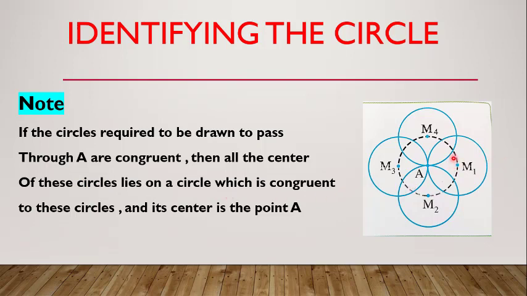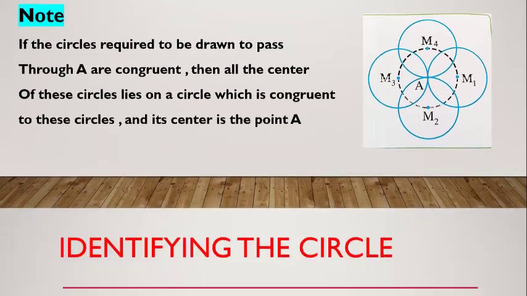Like here, this dotted circle, the centers M1, M2, M3, and M4 are located on a circle. This circle is congruent to these circles, and its center is the point A. But this is a special case, if all circles are congruent and have the same radius.